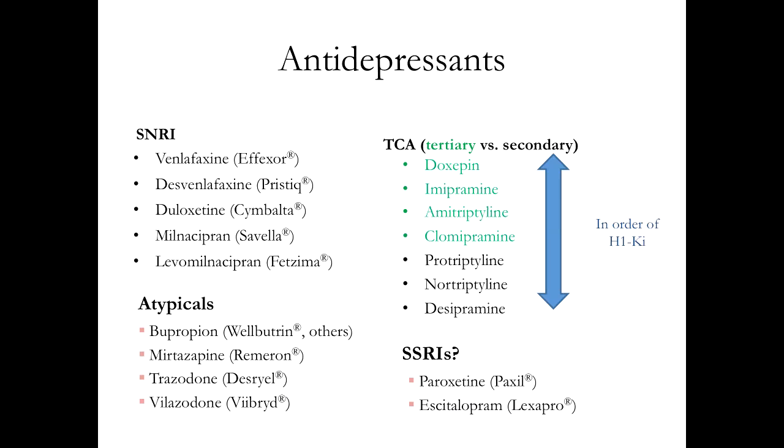Your atypical antidepressants, which include bupropion, mirtazapine, trazodone, and vilazodone, all have varying levels of data to support their use in pain. For bupropion, it's limited to 1 or 2 randomized controlled studies in the treatment of diabetic peripheral neuropathy. Mirtazapine does have some scant data in migraine prevention and some poorer, really not well-controlled studies looking at its use in diabetic peripheral neuropathy and postherpetic neuralgia.